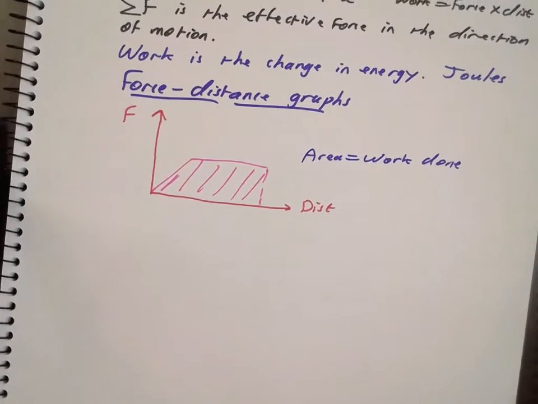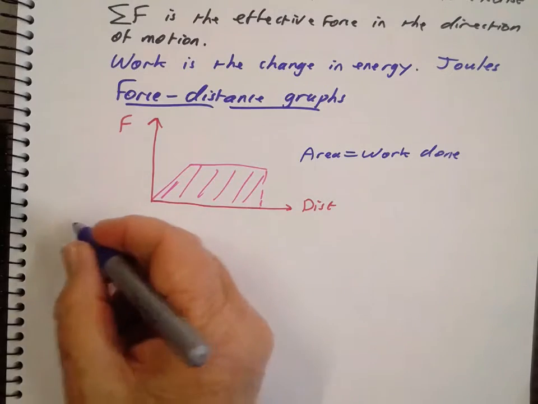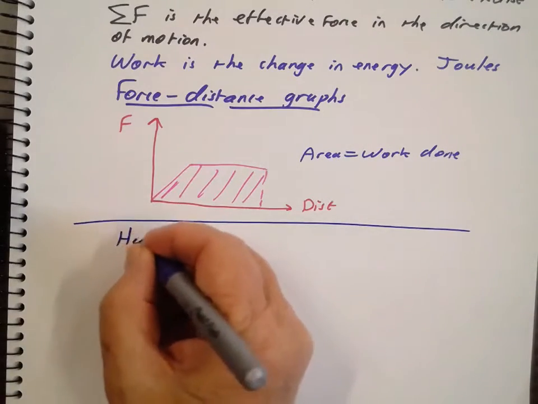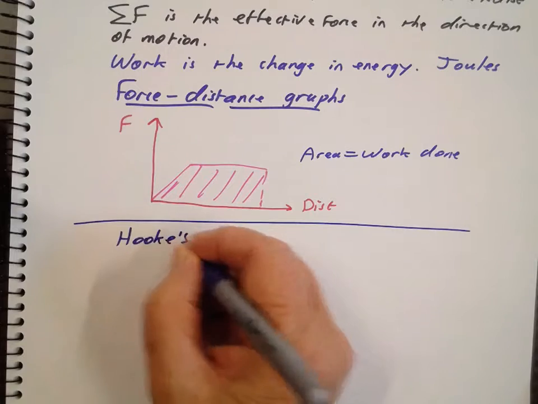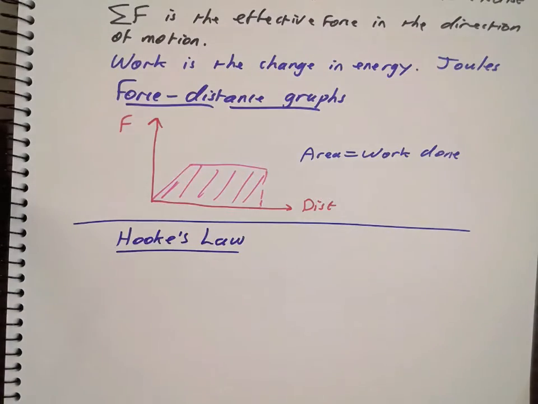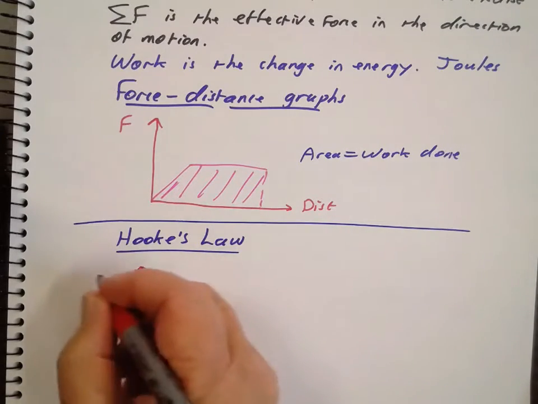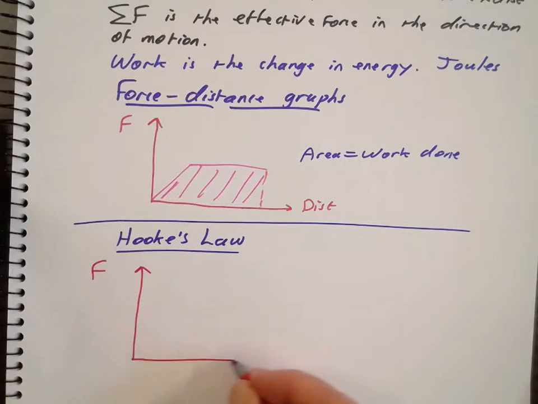Hooke's law we're going to follow up in class with a prac, but we'll have a quick look at it now. Hooke's law is to do with elastic things. When you have a force versus distance graph for an elastic object, we should graph extension, extension being the change in length.